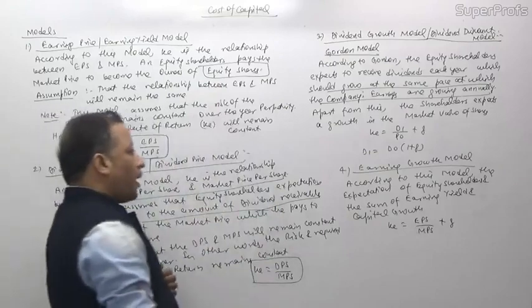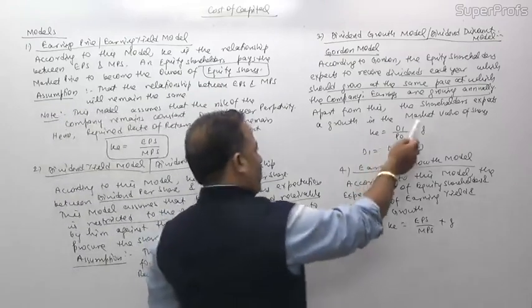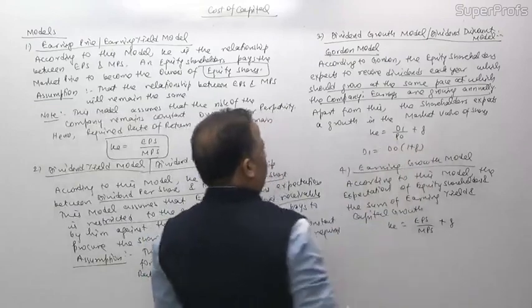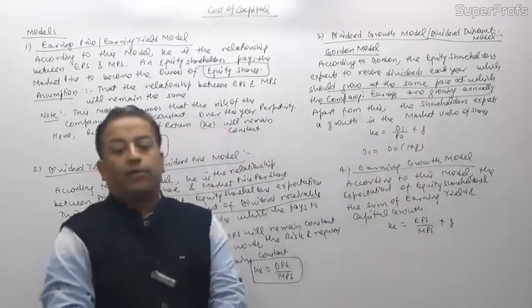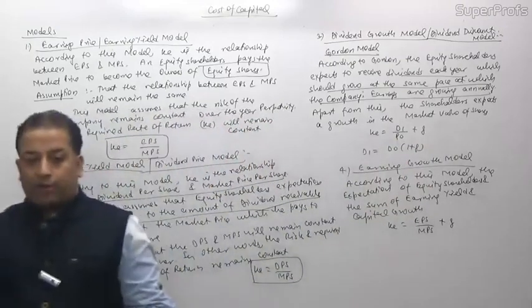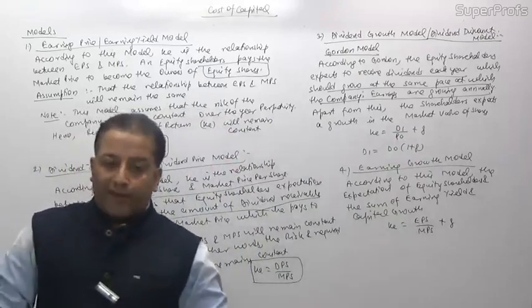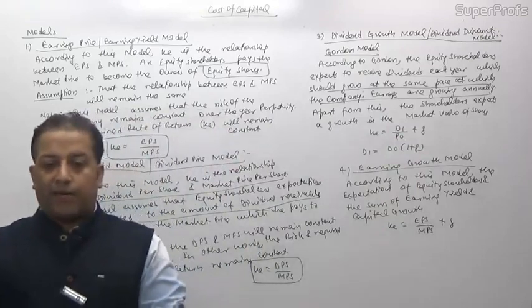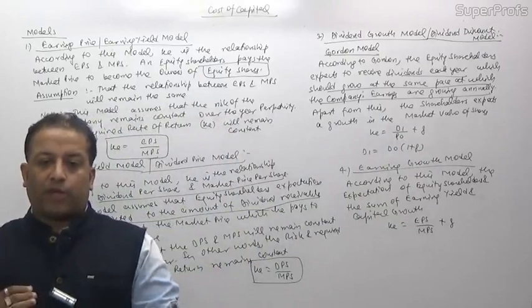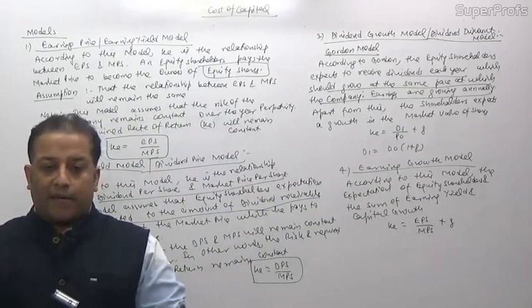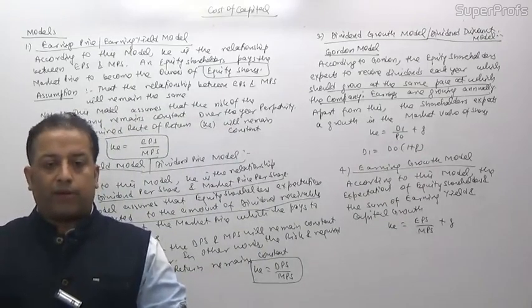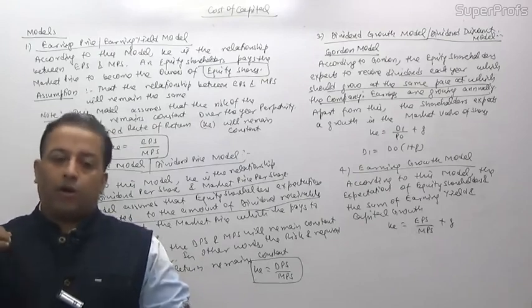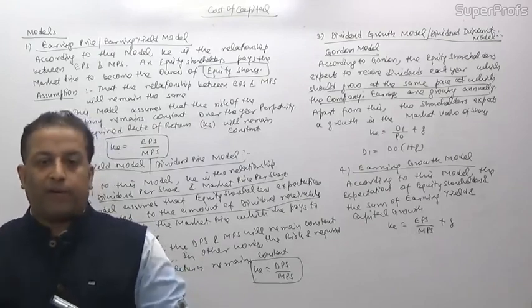Apart from this, the shareholder expects a growth in the market value of the share. I told you there are two expectations of the shareholders: one is a regular increase in the market value of the share, or the other one is regular dividend.